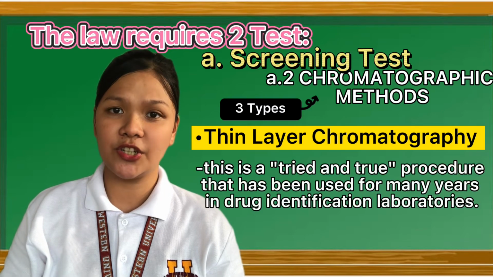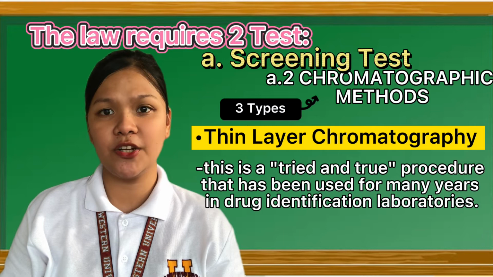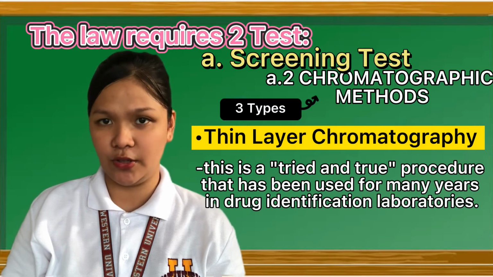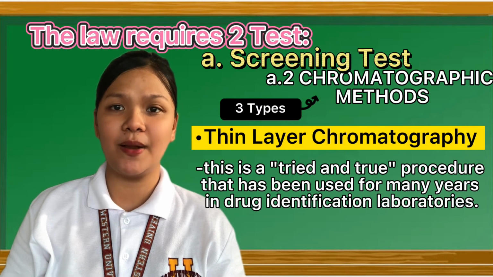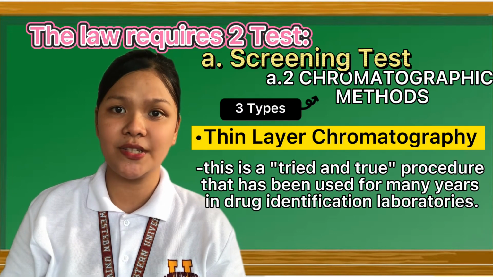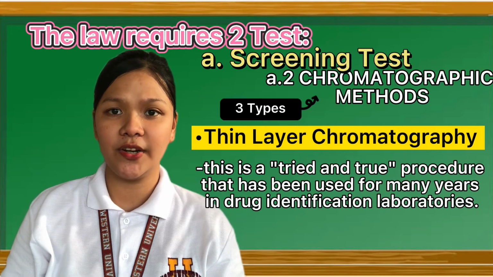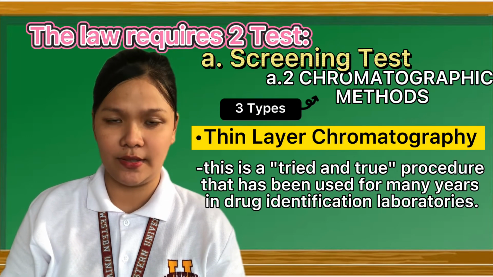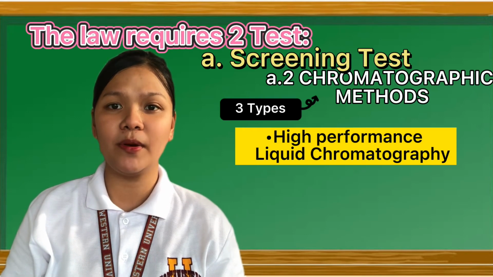Next type is all about the thin layer chromatography. So this is a tried and true procedure that has been used for many years in drug identification laboratories. The thin layer is actually a sheet of plastic coated with a porous silica material. To analyze a substance, the plant material is extracted in solvent. And finally, the high-performance liquid chromatography.